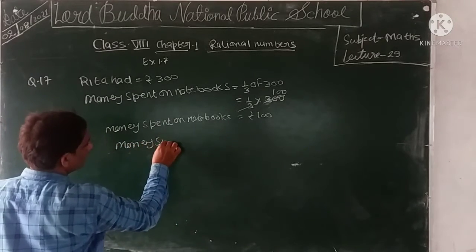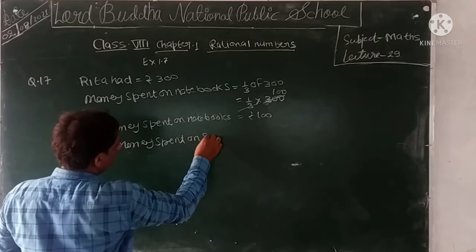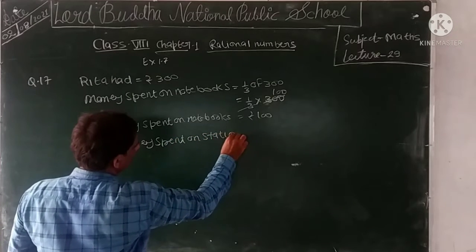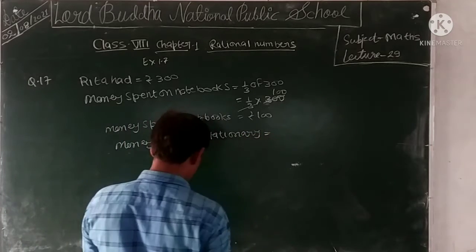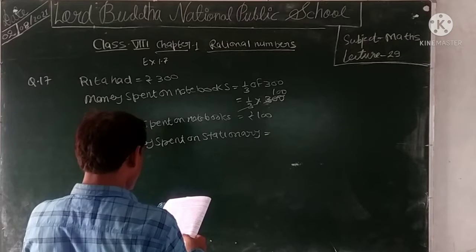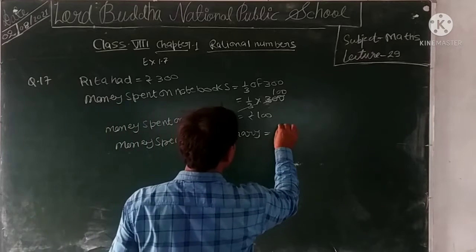Now I am going to do the 1/4 of the remainder on stationery. Money spent on stationery equals 1/4 of the remainder.